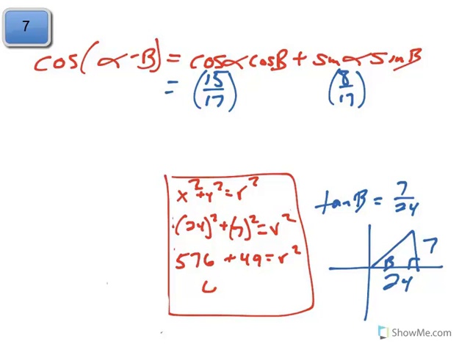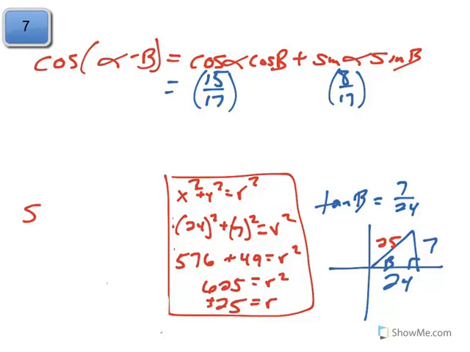If you add those together, you get 625. The square root of 625 is plus or minus 25. This is the radius. R is always positive.